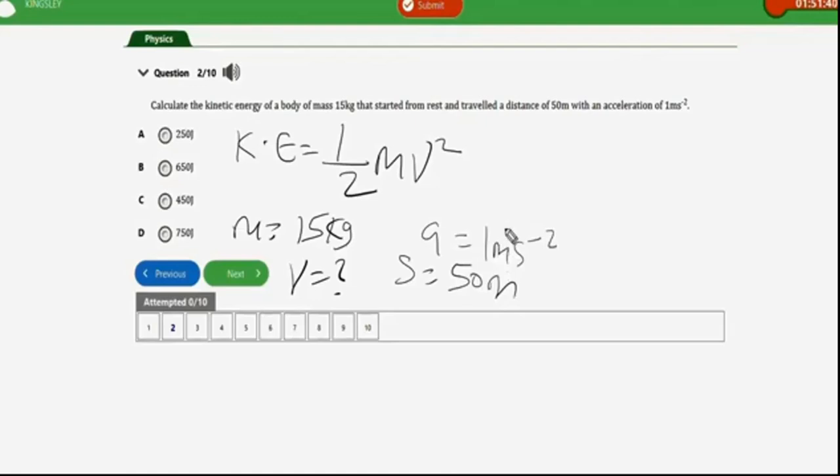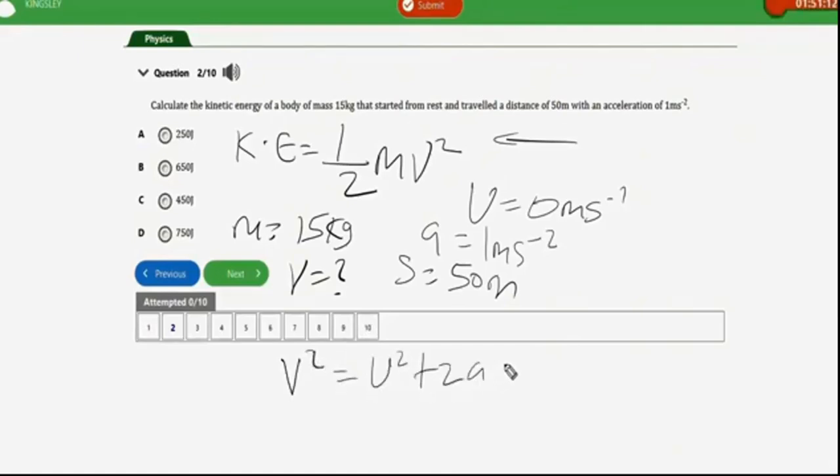All right, we have our initial velocity from rest, u equals 0 meter per second. We are looking for the final velocity so that we can substitute it in this formula to get the kinetic energy. Now we're going to apply one of the equations of motion to get the final velocity. We're going to make use of v square equals u square plus 2ax.